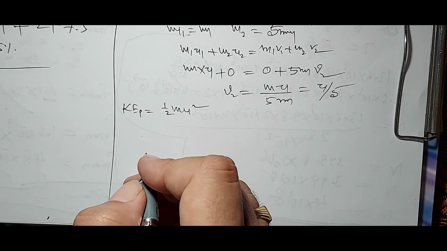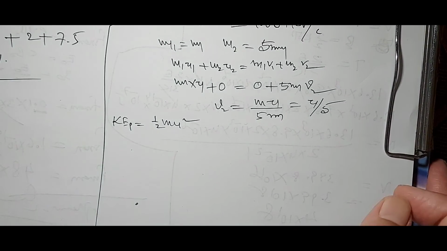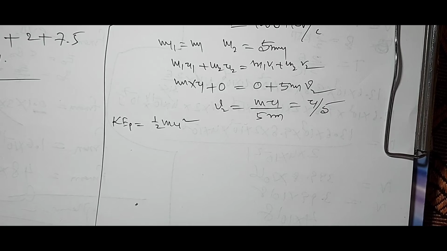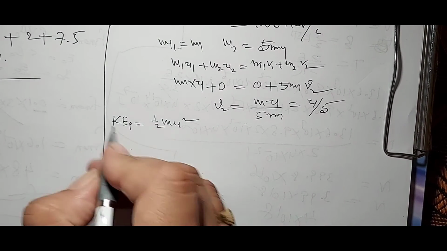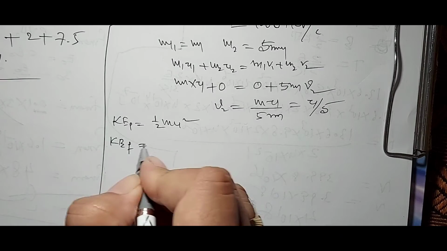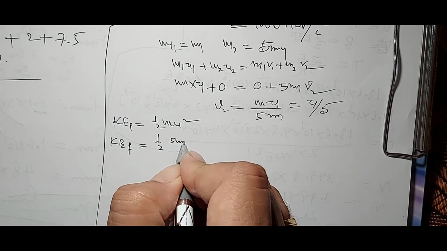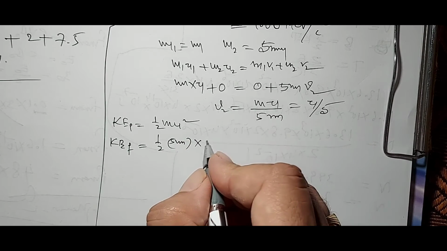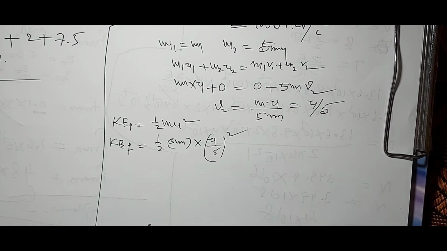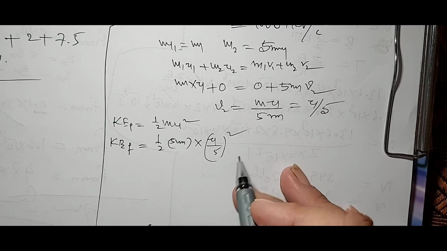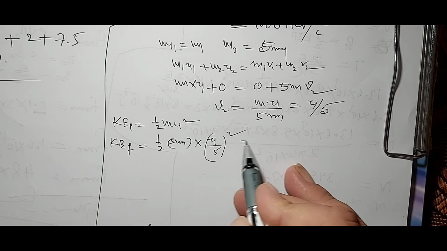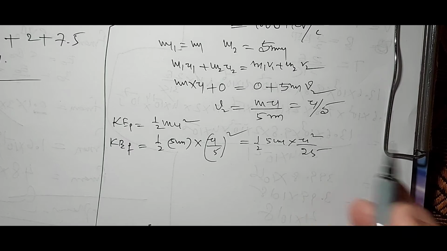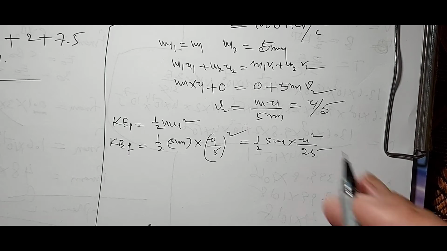Half m u square. Final kinetic energy is equal to half of 5m into v2 square, and that means u by 5 whole square, that is equal to half of 5m into u square by 25.